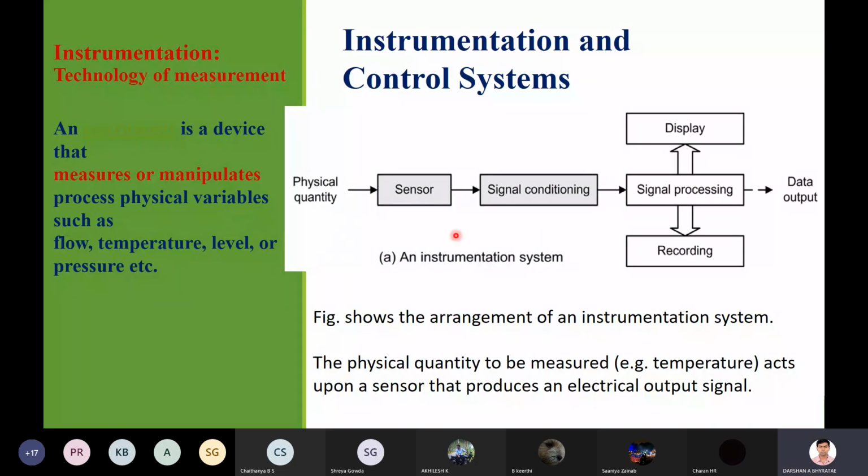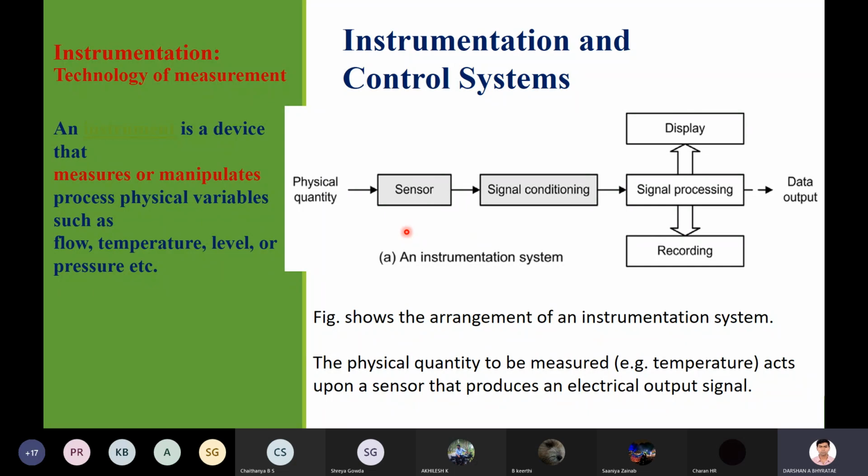Okay, the next thing I'm going to discuss is instrumentation here, and how it is going to generate the output, that is, a general overview of my sensor or control system.